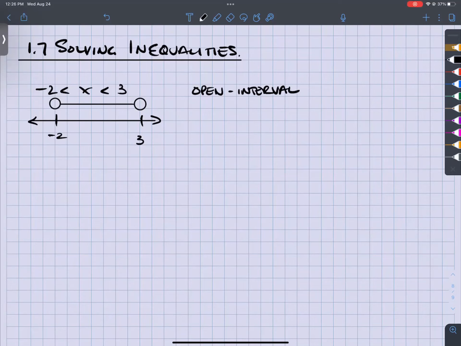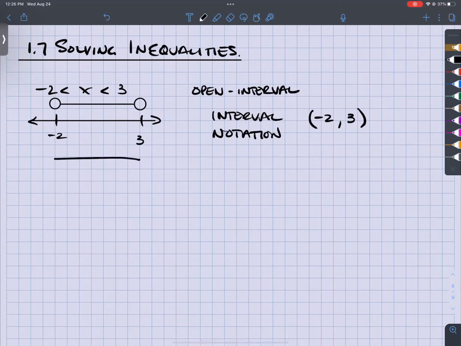Here in college, we don't use that inequality notation. We actually use interval notation. And that would be parentheses, -2, comma, 3, close parentheses. That looks more familiar? And we wouldn't use open circles, we would use parentheses as well.